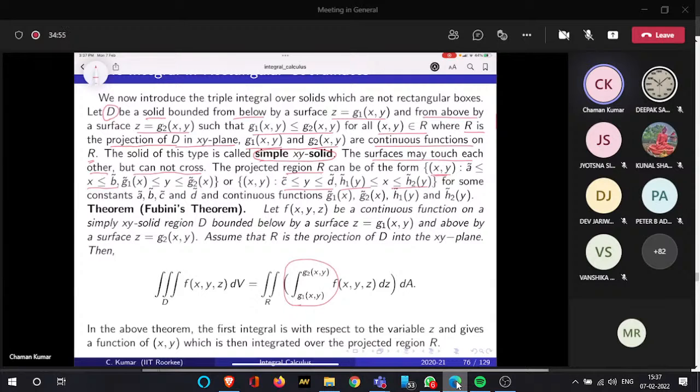And here we again assume that the functions g1~, g2~, h1~, h2~ are continuous functions. Okay, so the first paragraph on this slide is dedicated to explaining what type of domain we can consider in the Fubini theorem.